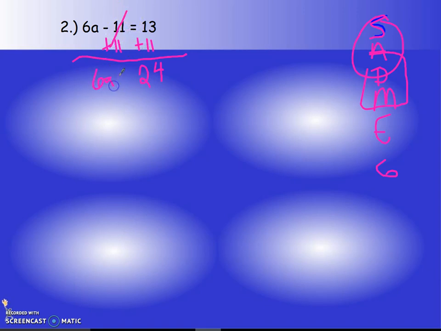The 6 and the a are multiplying. The inverse or the opposite of multiplication is division. So 24 divided by 6 is 4. Now you can take 4 and substitute it back in. 6 times 4 is 24. 24 minus 11 is 13.